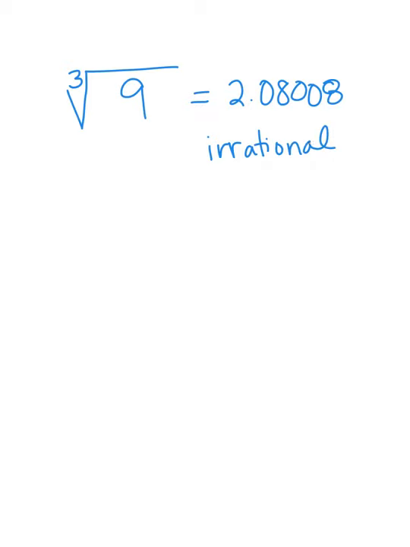If you're having a hard time remembering those rules, go back to the first slide and take a screenshot of that so that you'll have those, or write them down. The next one, the third root of a negative number, this time of -8, would give you a -2.0, or a -2. That is a whole number. It ends in a 0, so it has both qualifications of a rational number.